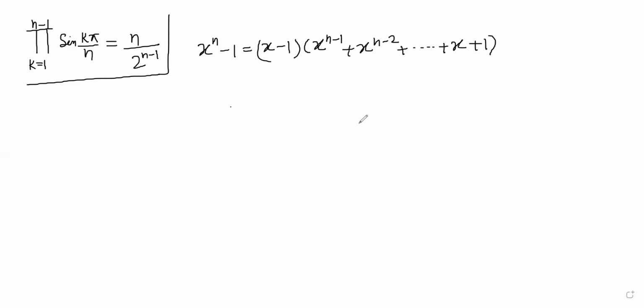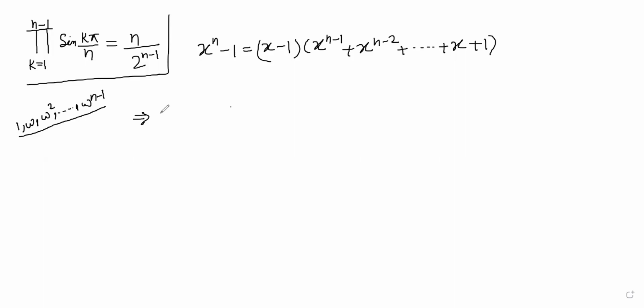So this is the identity. But we also know that when we solve the equation x to the power n minus 1, its roots are 1, omega, omega square, and so on up to omega to the power n minus 1. So these are n roots to this equation.